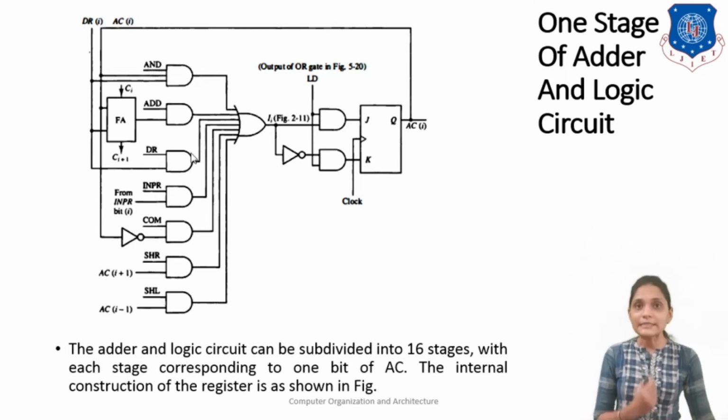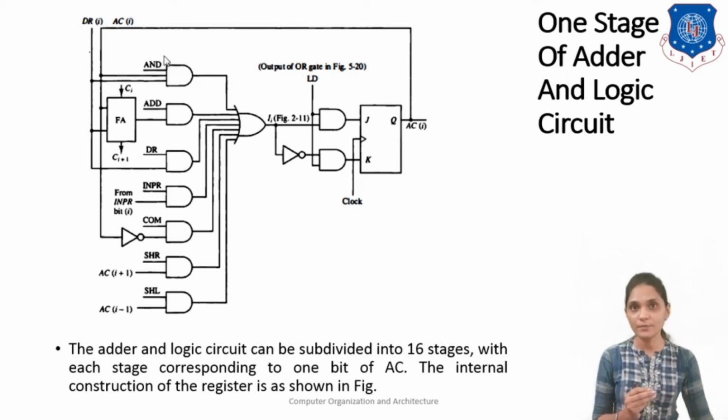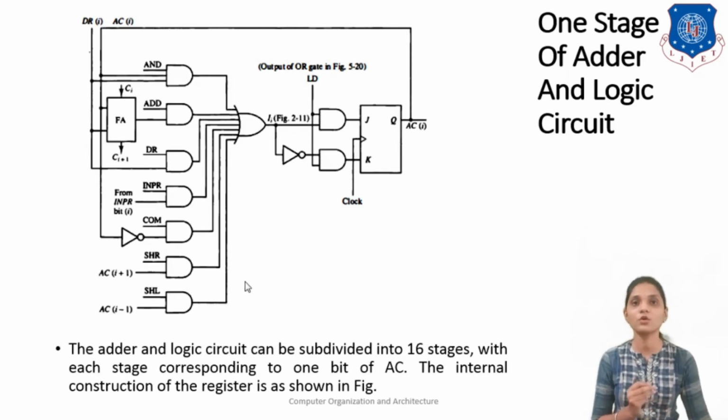At any time only one condition will be there, not two, and depending upon that condition the task of ANDing, addition or transferring will be completed and the result is generated. That result will pass through this OR gate, and after the OR gate it is stored into the accumulator if your loading signal is activated, otherwise it is not stored.